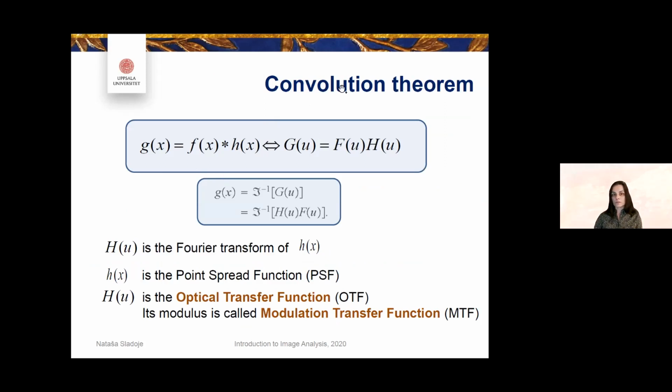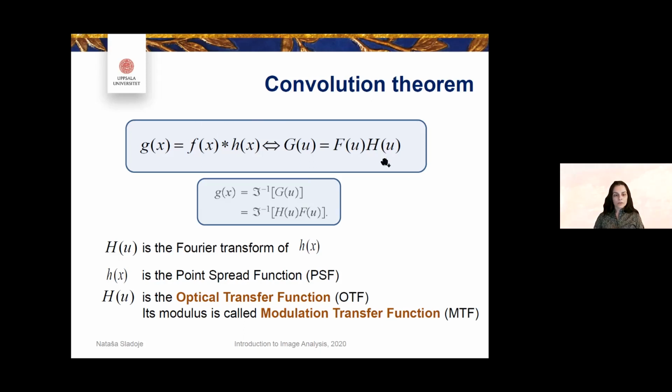We probably remember quite well that convolution in the spatial domain corresponds to multiplication in the Fourier domain. And we also know that we have forward and inverse Fourier transforms to move back and forth between the spatial and Fourier domain, which makes work in the Fourier domain and its relation to the spatial domain quite convenient.